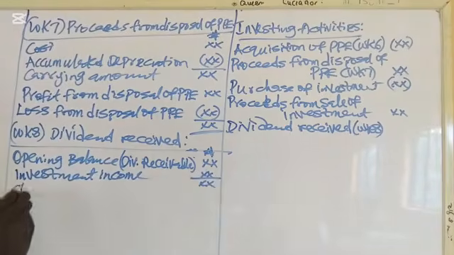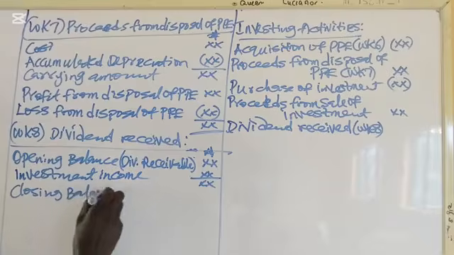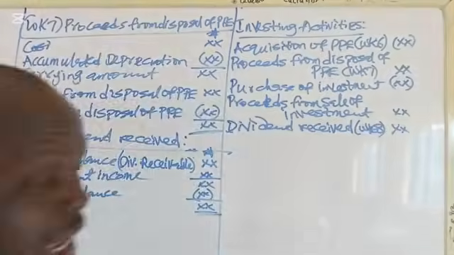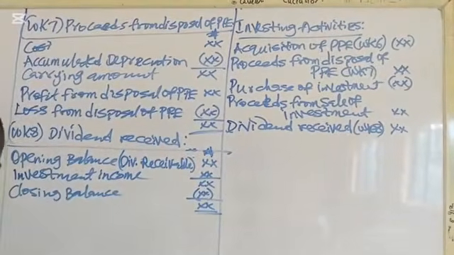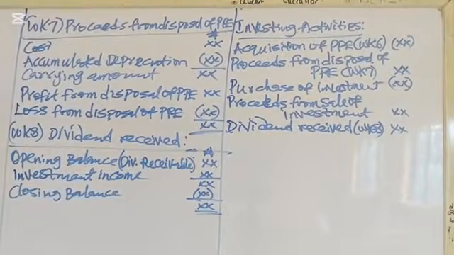Then you subtract the closing balance. Then you get the dividend received. This will be an inflow in the statement of cash flows.